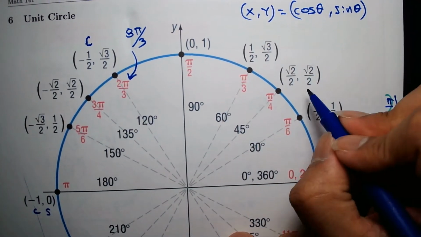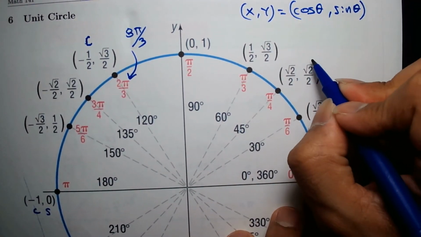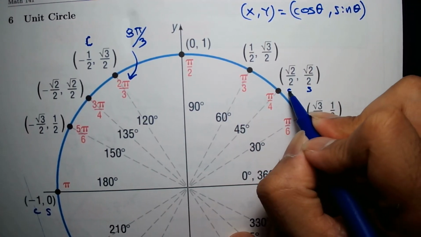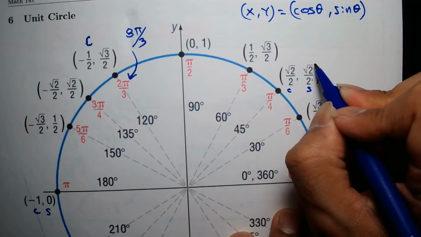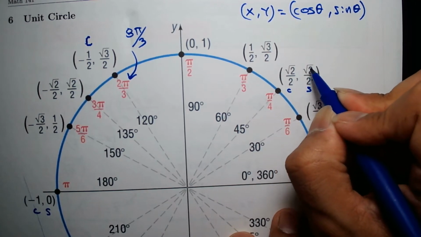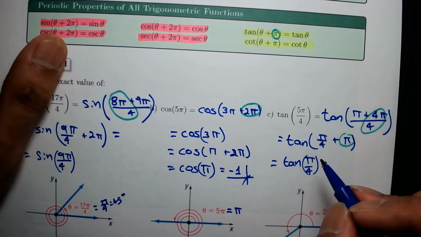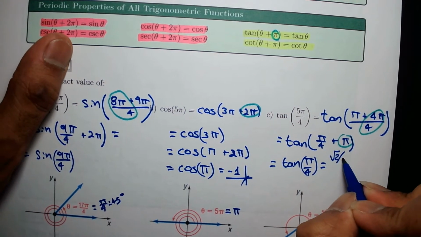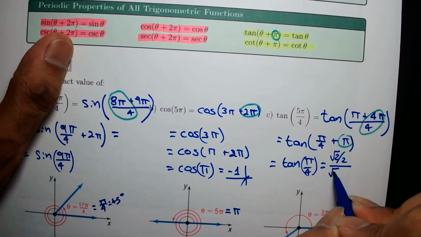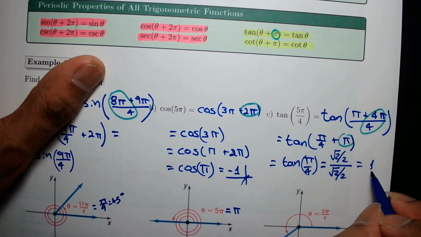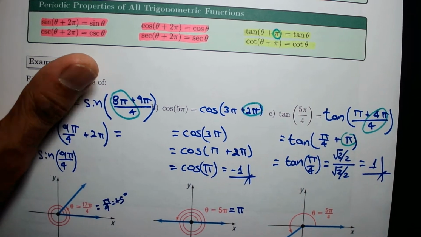Tangent is defined as sine over cosine, that is y over x. If we divide root of 2 over 2 by itself, the square root of 2 over 2 divided by itself, that's simply 1. All right.